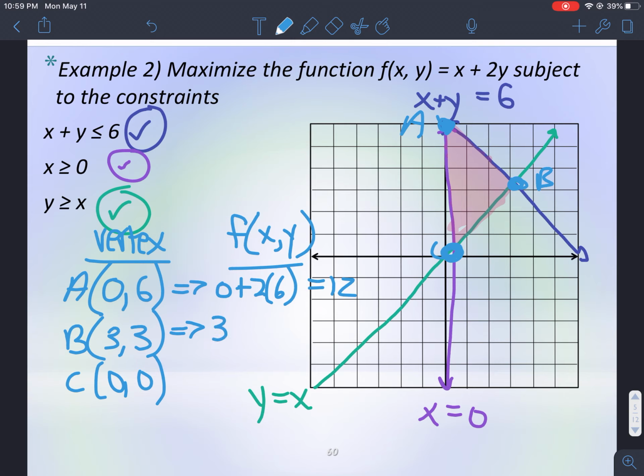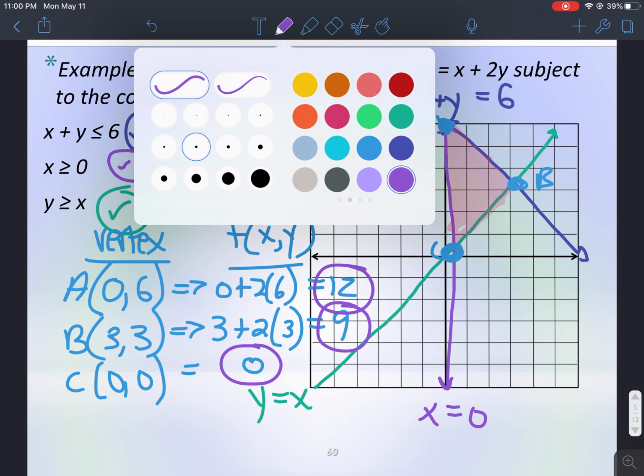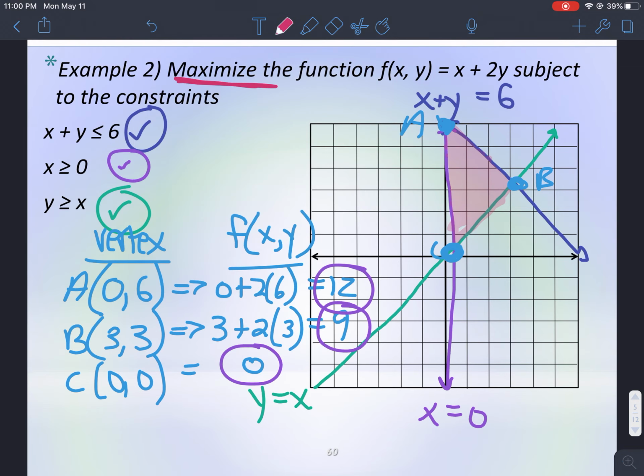The next one would be 3 plus 2 times 3, which is going to be 9. And then 0. So which vertex gives us the maximum of the function? It would be point A.